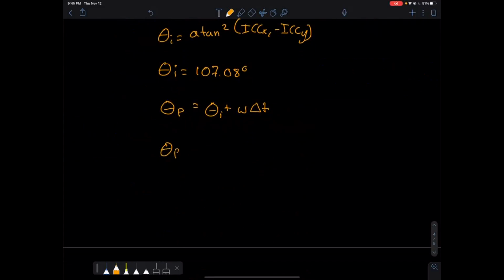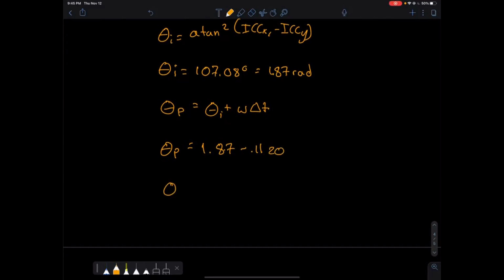So we know that our final orientation is equal to our initial orientation, which is 107.08 degrees or 1.87 radians. We'll do it in radians because it's better. So 1.87 radians, minus our omega, because omega is negative, keep in mind we're doing a negative rotation, and that times 20, or delta t.